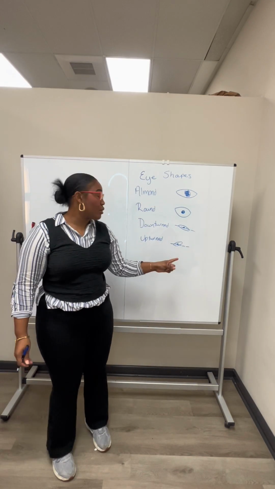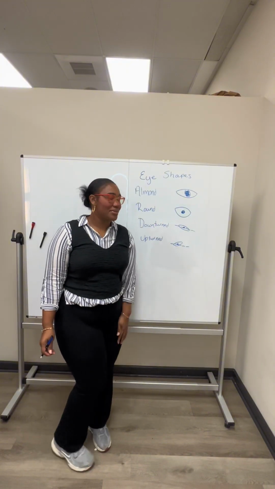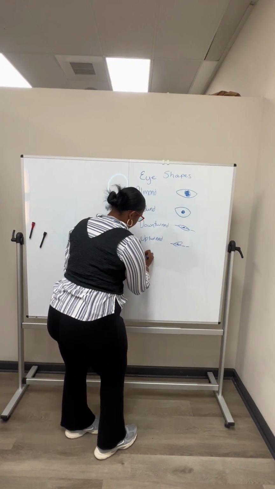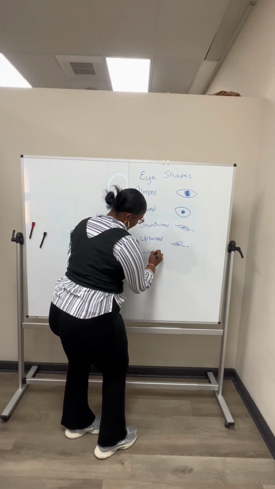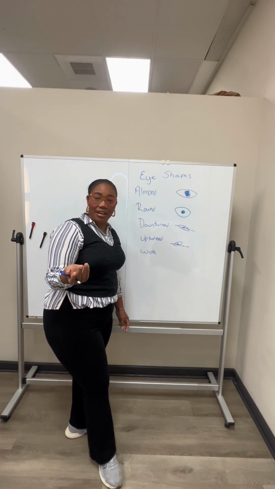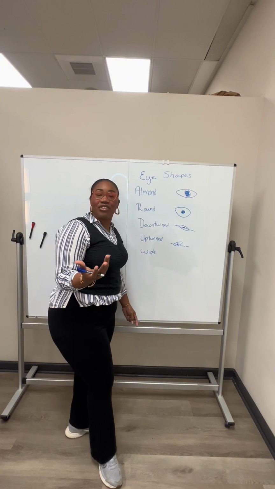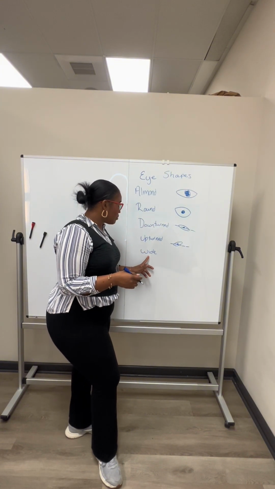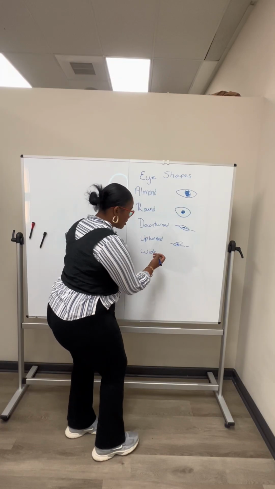That's where the outer corner actually goes upward. Another variation of eye shapes and facial features is the wide set eye.